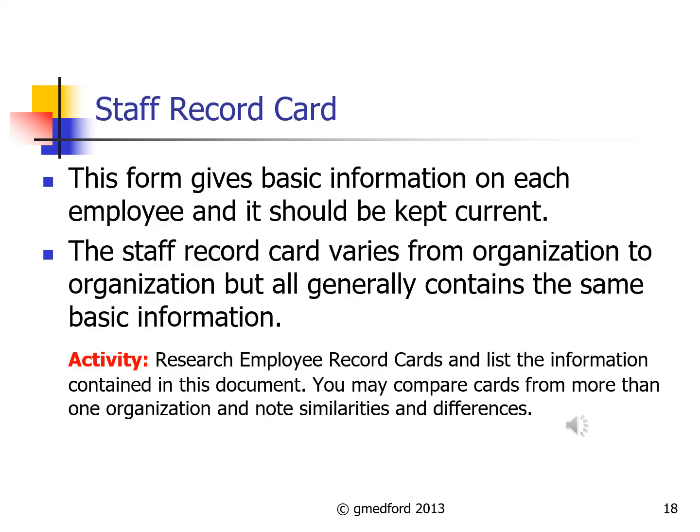The records kept for employees vary from organization to organization, but they generally contain the same basic information. As a research activity, I would like you to look at employee record cards and list the information contained in those cards. You may compare cards from more than one organization or compare more than one sample and note the similarities and differences.